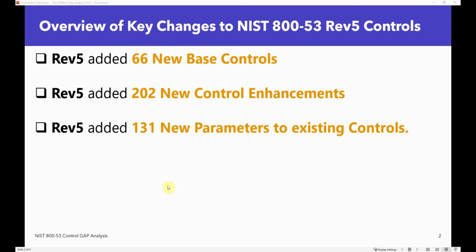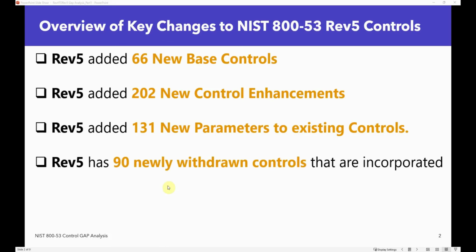It's subjective to the organization or the agency. Some agencies might decide on 12 characters, others 16 characters, 10 characters, whatever they decide. These are all the control parameters that they incorporate into the control implementation. So Rev 5 added 131 of these new parameters to the existing controls.